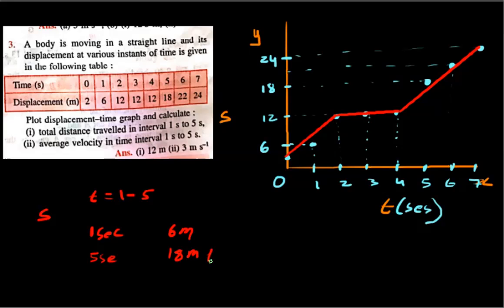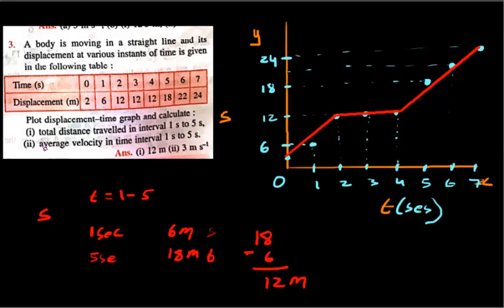This is the final position and this is the start position. So if you subtract final minus start, which is 18 minus 6, that will be 12 meters. So the displacement in seconds 1 to 5 is equal to 12 meters.